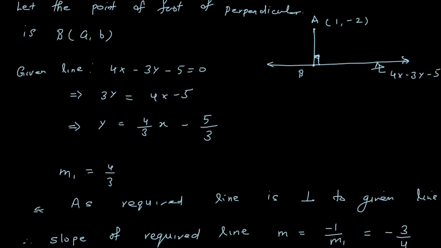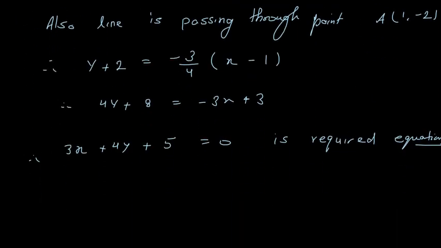Now I have to find the coordinate of point B. Now B is the point of intersection of the given line and line AB.